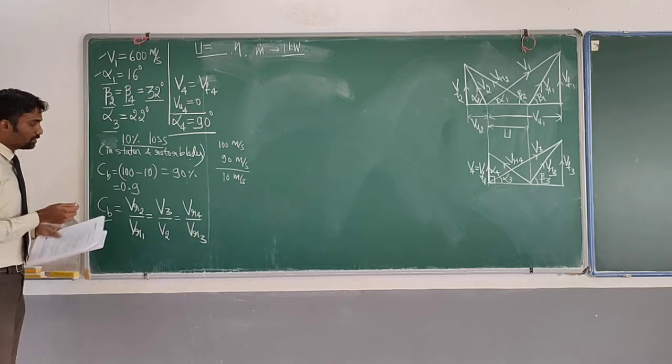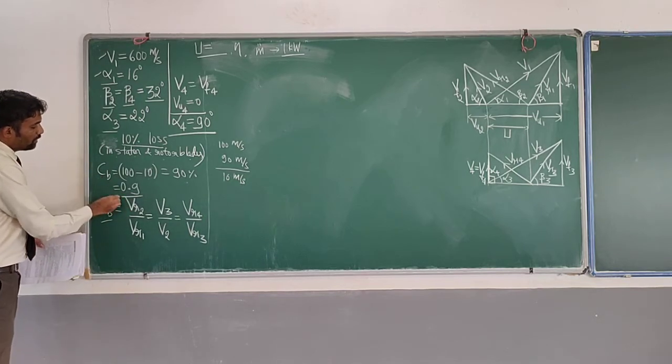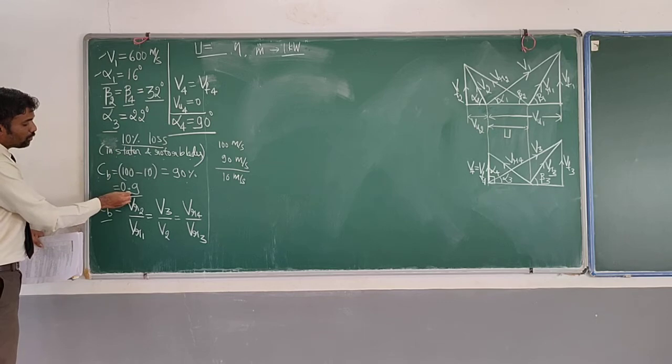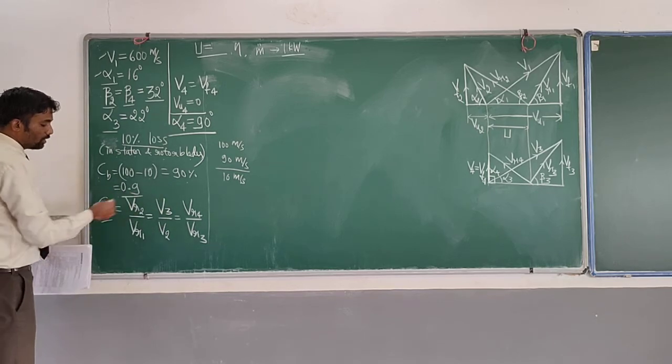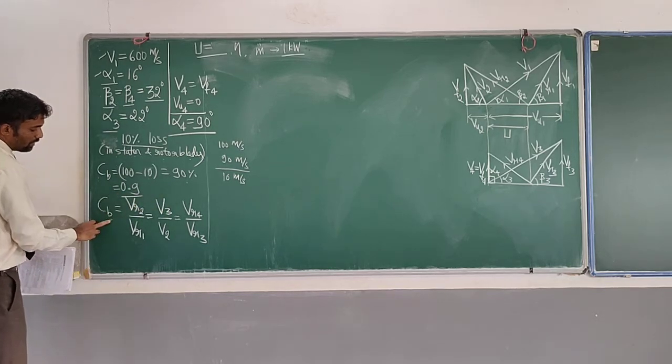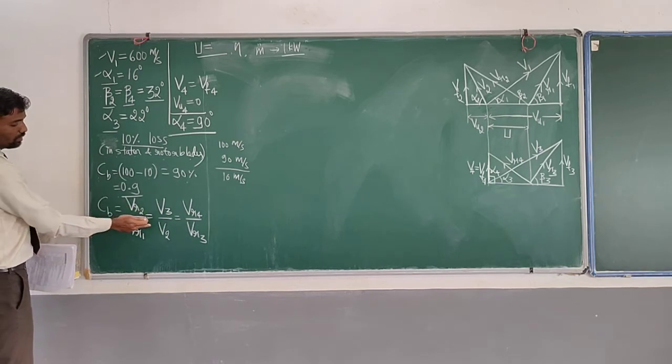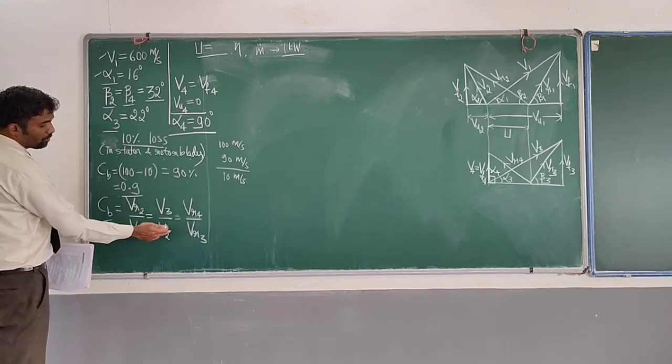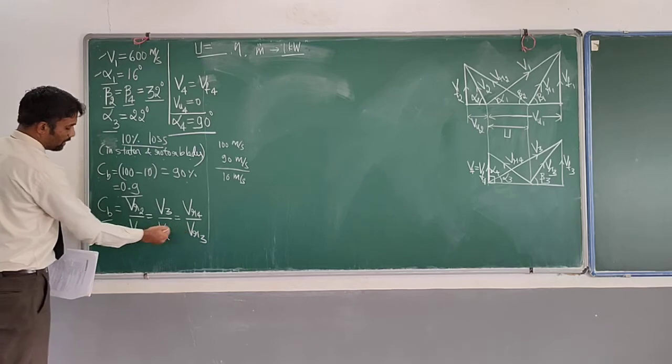That is a 10% loss. So the value of Cp is 0.9. It can be written for all the moving blades and stator blades: Cp is equal to Vr2 by Vr1, is equal to V3 by V2, is equal to Vr4 by Vr3.